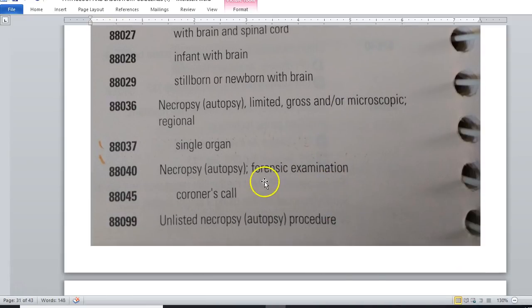We also have a full forensic examination, which you see on NCIS, CSI, Law and Order, things like that, and the coroner's call. So yes, if the coroner is called to the scene, there is a code for that because they have to write a report of what they found. So again, for these, we can look under either autopsy, necropsy, or pathology and laboratory and anatomic pathology.